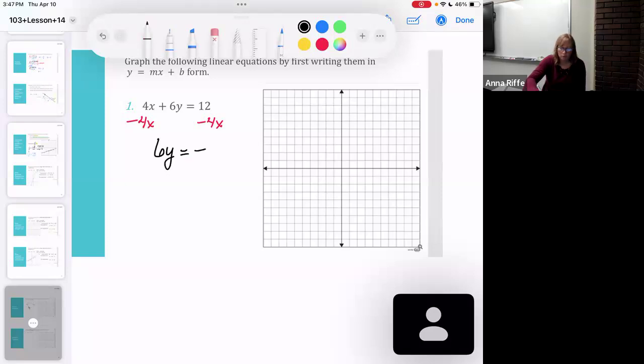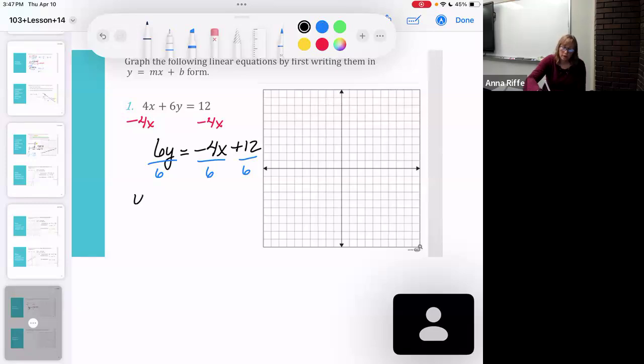We have not done this before, but we've done this process. If I want to solve for y, then I'm going to subtract 4x from both sides. That gives me 6y is equal to negative 4x plus 12. And now if I want to get y by itself, I want to divide the left-hand side by 6. And then since we have a sum on the right, I have to divide both terms on the right by 6 as well.